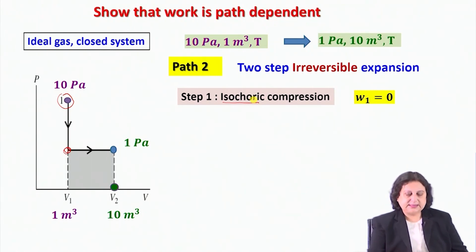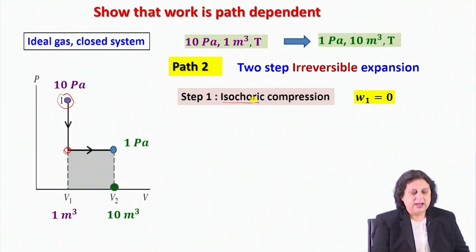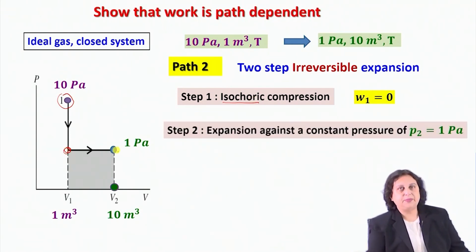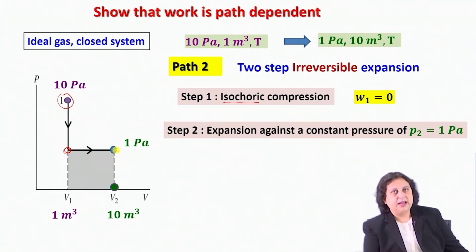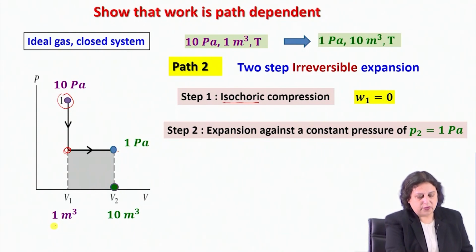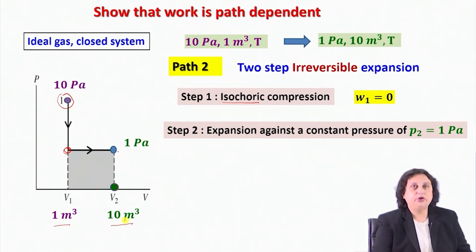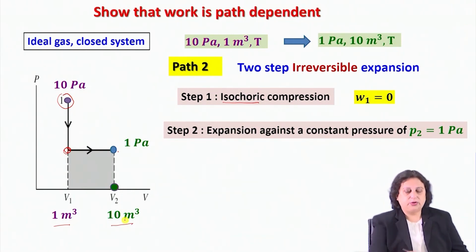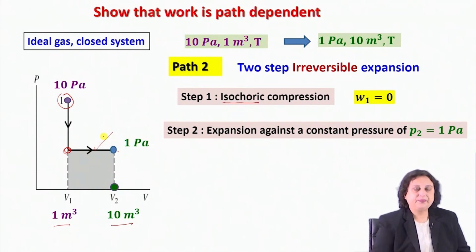Now, in the second step, I go from this state to the final state, and this is nothing but expansion of the gas from a volume of 1 meter cube to a larger volume of 10 meter cube against this constant external pressure P2 equal to 1 Pascal.